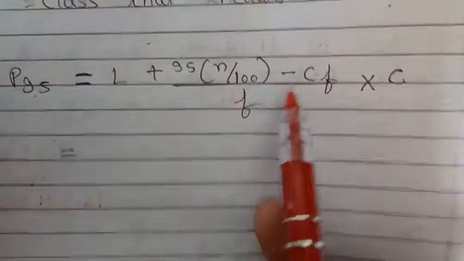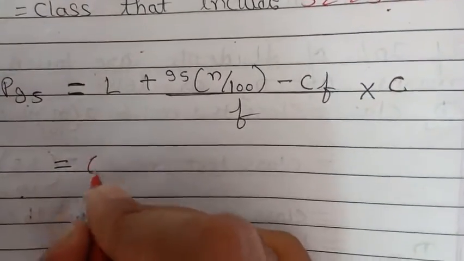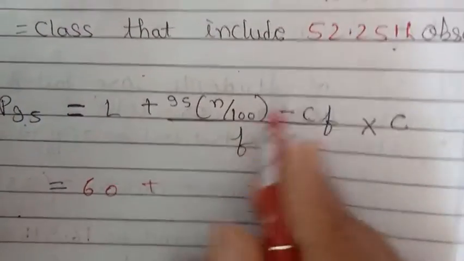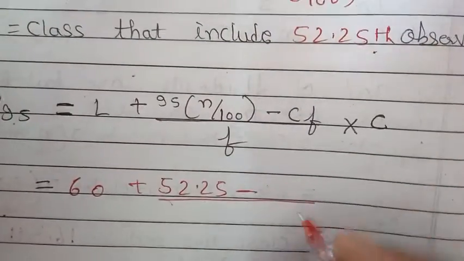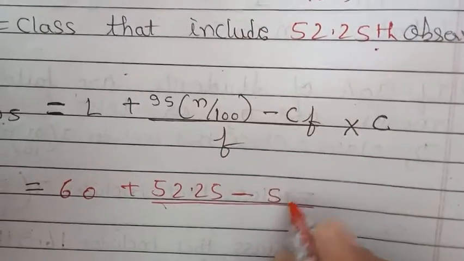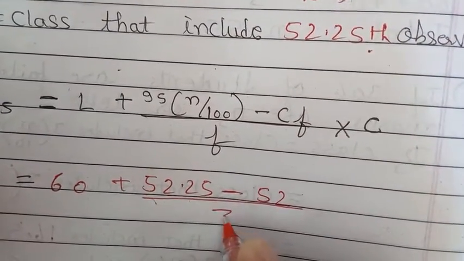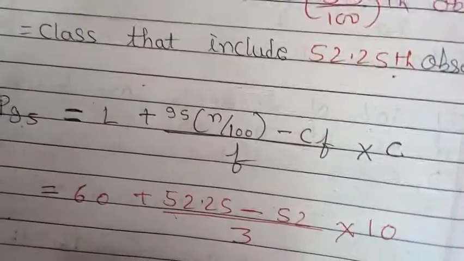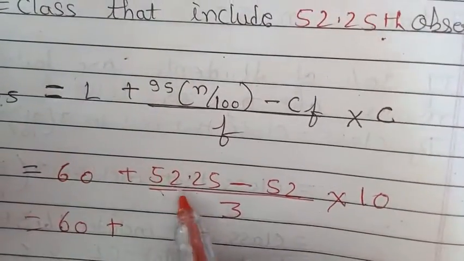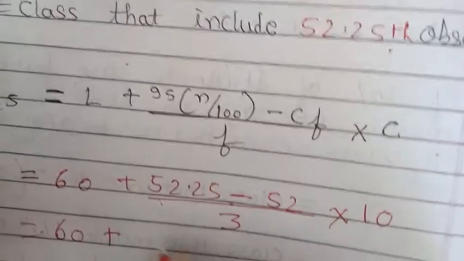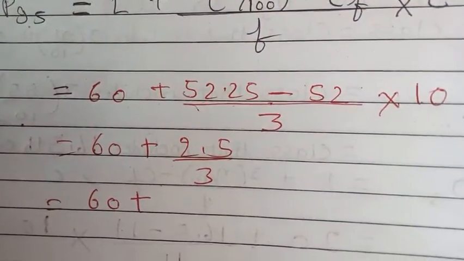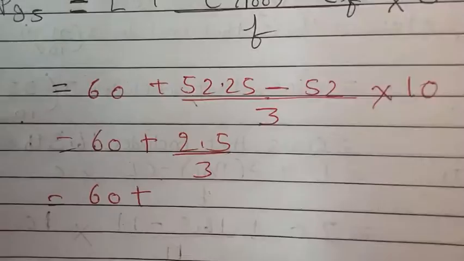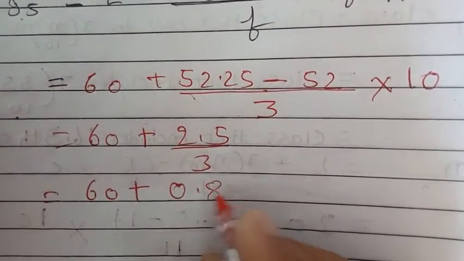We'll put all the things in our formula. L, the lower boundary point, is 60, plus (95n upon 100, that is 52.25, minus CF, which is 52) upon F, which is 3, multiplied by 10, the class length. So 60 plus 0.25 multiplied by 10, that is 2.5 divided by 3. 2.5 divided by 3 gives 0.83.